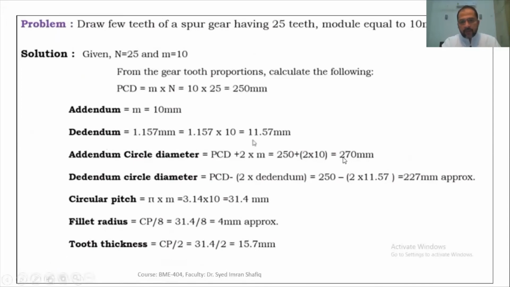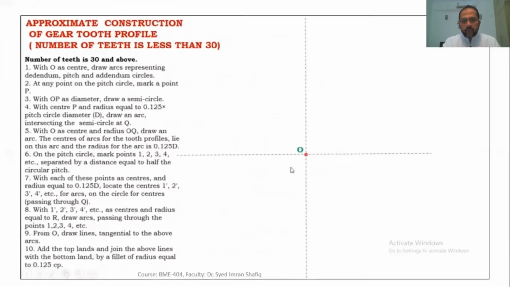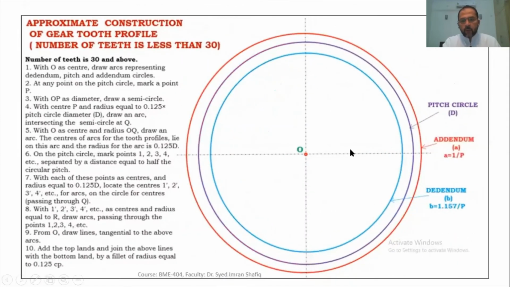Addendum circle diameter is 270 mm, dedendum circle diameter is 225 mm, and the pitch circle we have already calculated as 250 mm. So we have all three values, and with O as center, we will draw three circles: addendum circle, dedendum circle, and pitch circle.